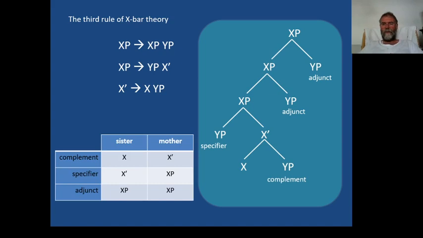Now, what we've got here then is a set of positions inside a phrase. The complement position, the specifier position, the adjunct position. All of these positions differ from one another uniquely, so much that you can identify what element you're looking at just by looking at its position. Now, to see that more clearly, we need to introduce a bit more terminology.